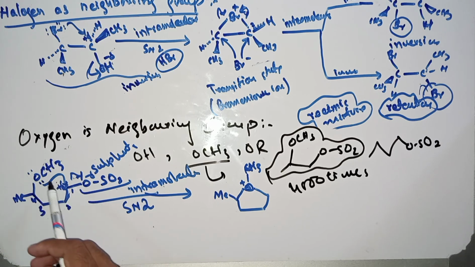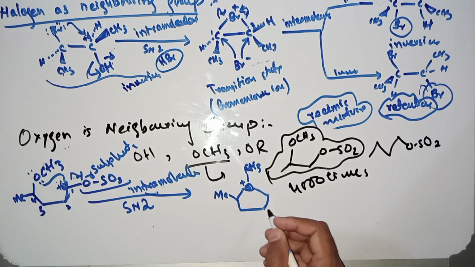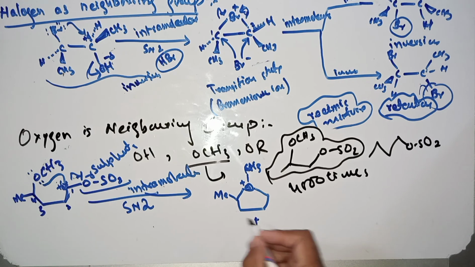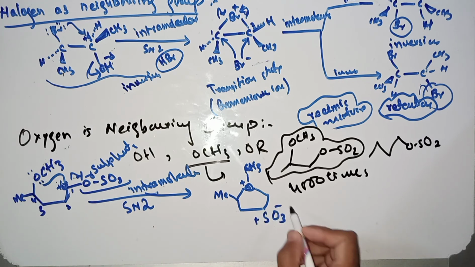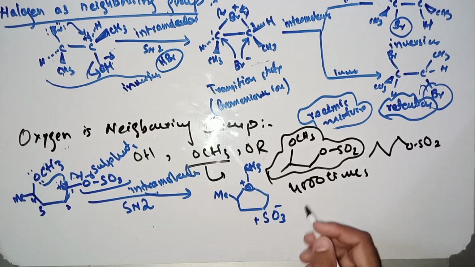Here it donates electrons, so it gets a positive charge. Plus SO3 is also generated in the form of a negative charge; the anion will be produced.